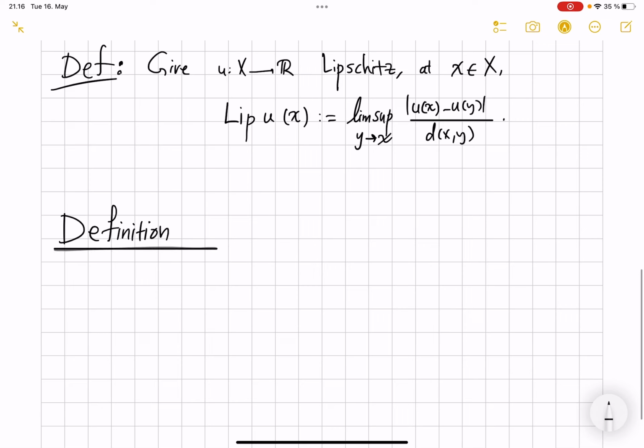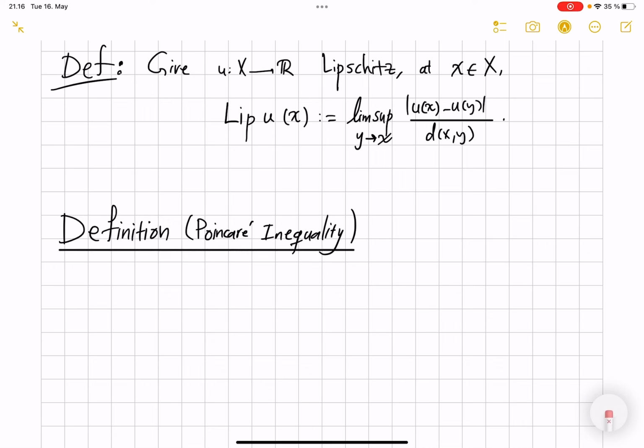Of course it's inspired by the fact that in the Euclidean space we do have this inequality as a theorem, but here we cannot act in an axiomatic way. It's a definition, and then we inquire whether a space does support a Poincare inequality or not.